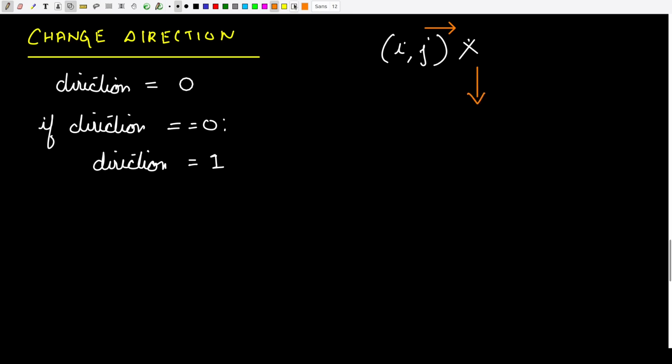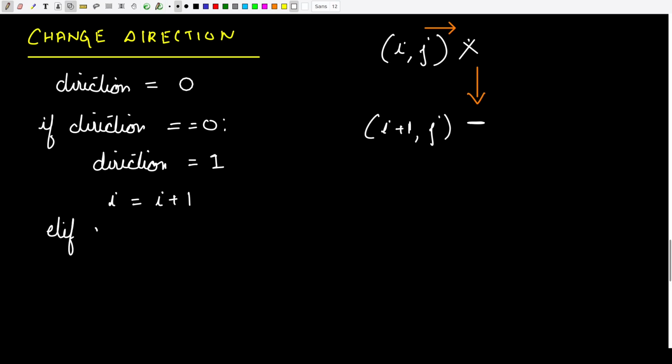Since the next direction will be this, the index of the next element is i plus 1, j. The j remains unaltered, i becomes i plus 1. That is how we will find out the next element if we are changing the direction in this way. So if my direction equals 0, then the next direction will be 1, and my i value will be i equals i plus 1. Since j remains unaltered, we are going to leave it as such.